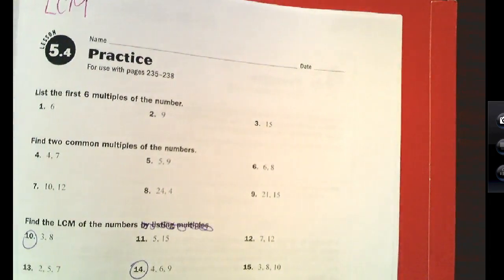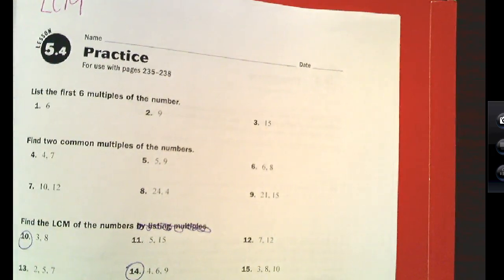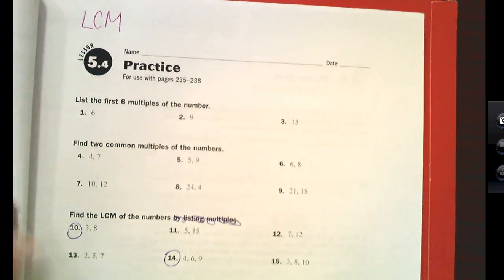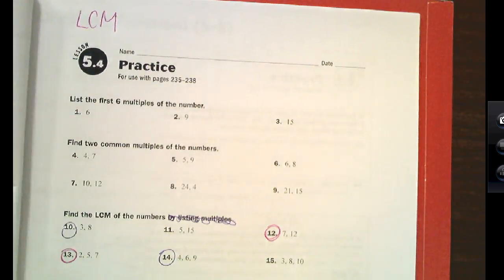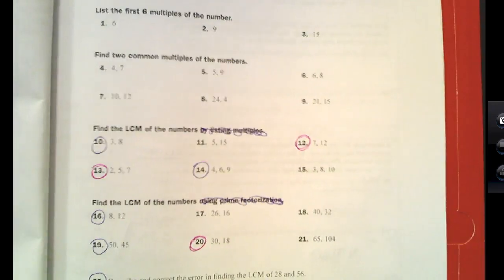And what does LCM stand for? Least common multiple, all right? When you are doing the 5-4 homework, you need to find the least common multiple of numbers. So on the front page, I would like you guys to do number 12, 13, and 20. So 12, 13, and 20 on the front of your 5-4 worksheet.